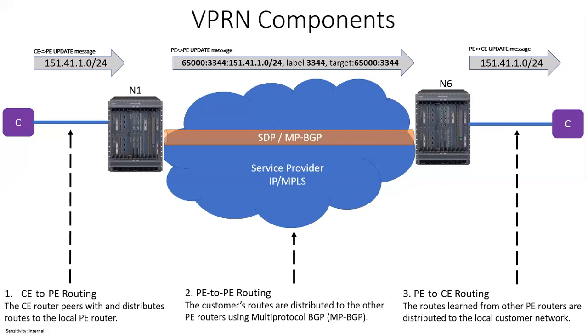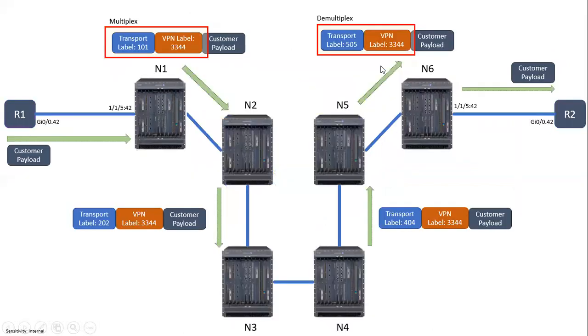That really should be .42.1.0, but we'll change that. With the label 3344, or from the label 3344, my apologies, it's able to tell what this IPv4 prefix should be, and based on the route target, it's able to tell what particular VPRN this IPv4 prefix belongs to.